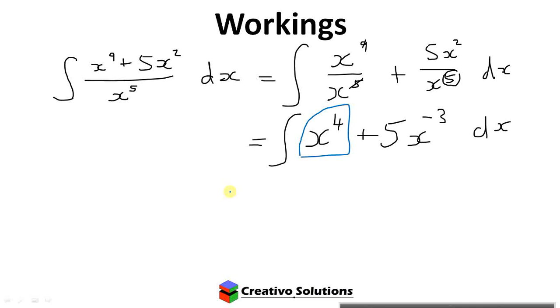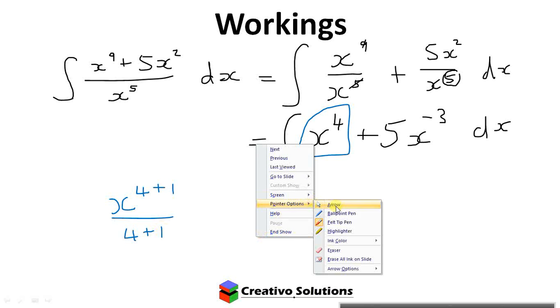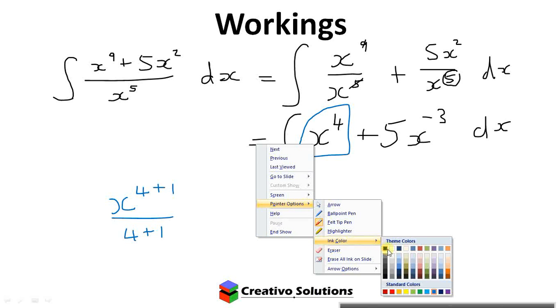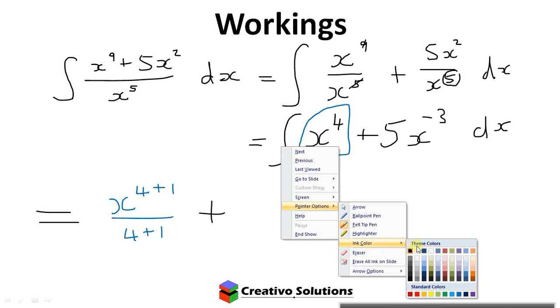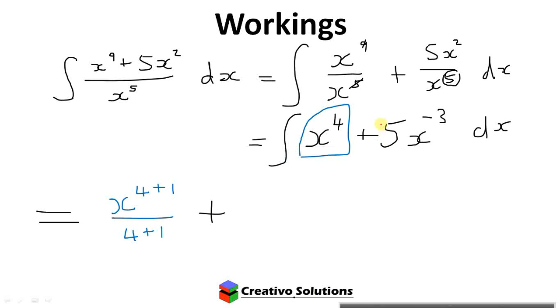So let's integrate that. That would be x to the 4 plus 1 over 4 plus 1. That's the first one. Plus this.